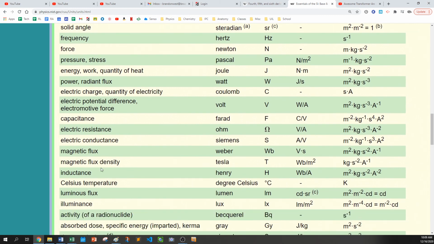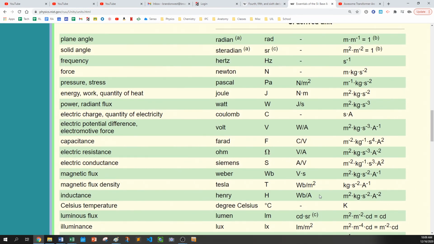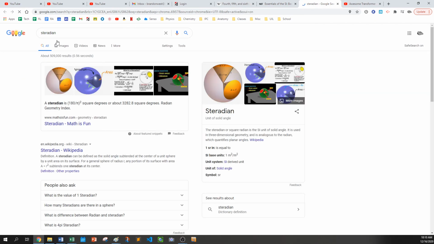You might have heard of a lumen. It's a candela times the fictitious unit of steradian.